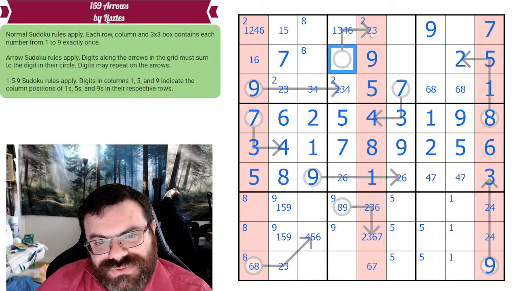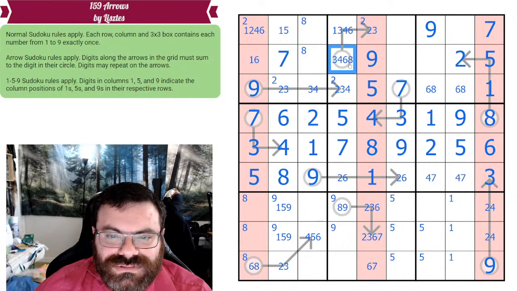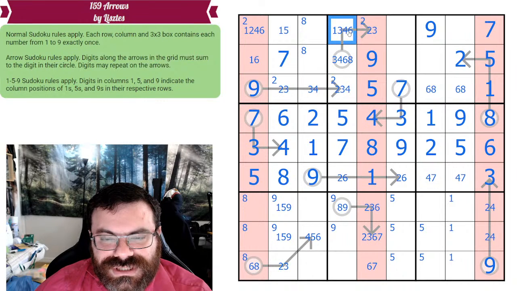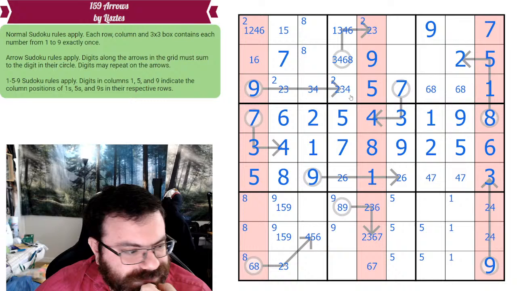So if this is a 2, we are 3, 5, 6, or 8. Not a 5. This is a 3, then this is a 4, 7, can't be 7. Can't be 9. So this could be 6, 2. Those are the options.